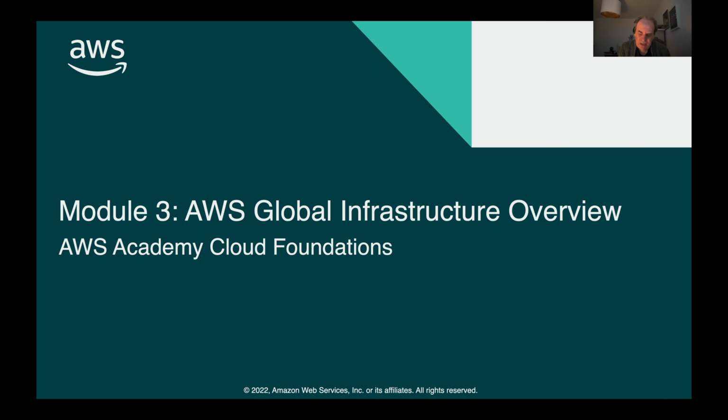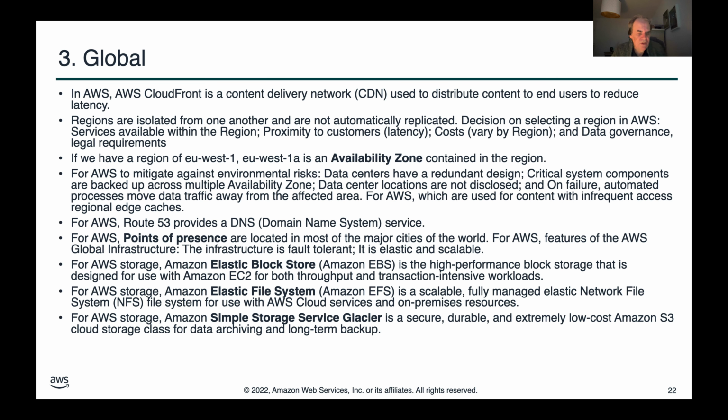Now we go on to the global infrastructure. So basically we have regions around the world. So for example, we have North Virginia, and then within North Virginia there is a number of availability zones.